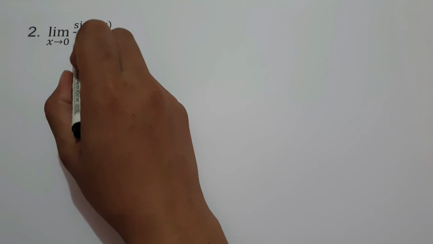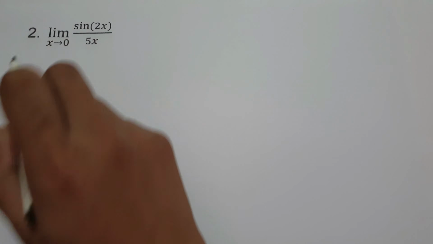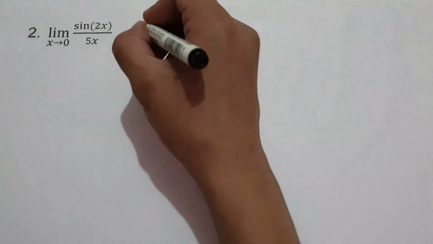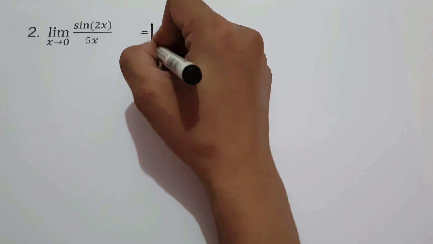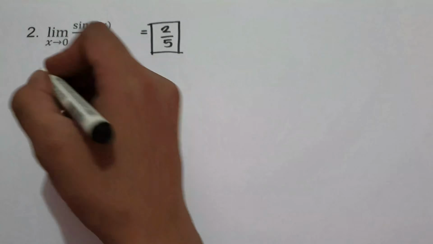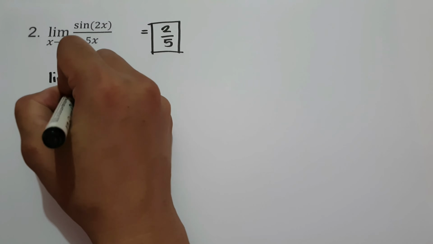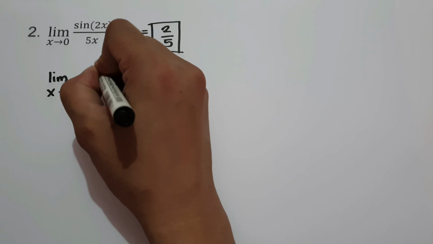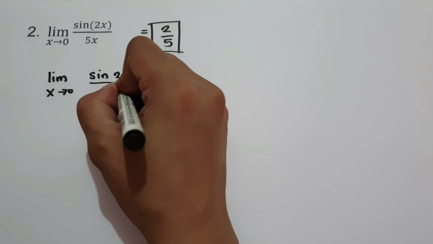On example number 2, we have the limit of sine 2x over 5x as x approaches 0. By mere inspection, we can say that the value of this expression is 2 over 5. But how can we find the solution of this expression? So let's say we have the limit as x approaches 0 of sine 2x over 5x.